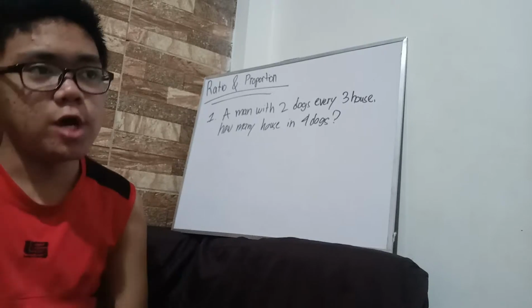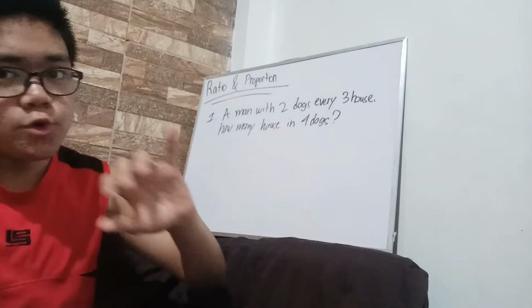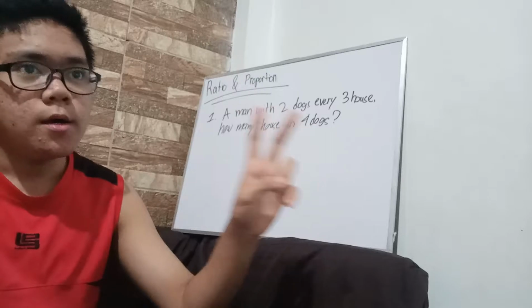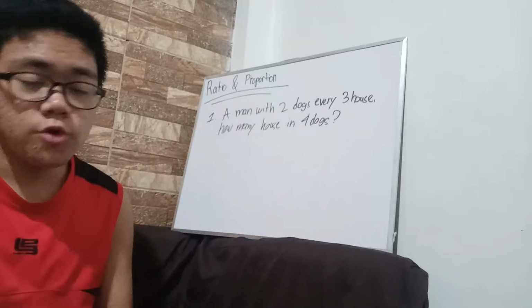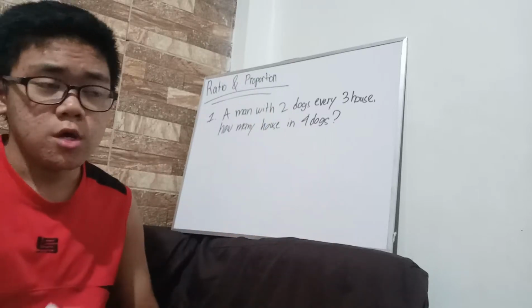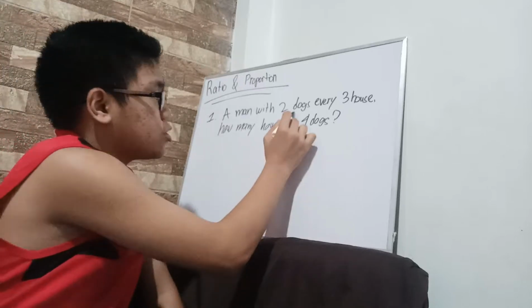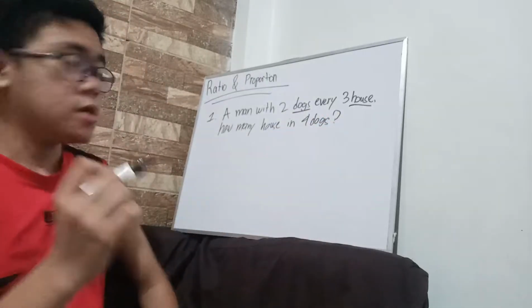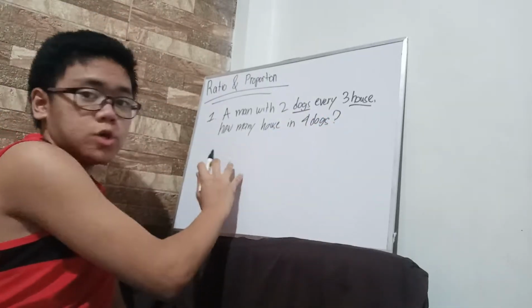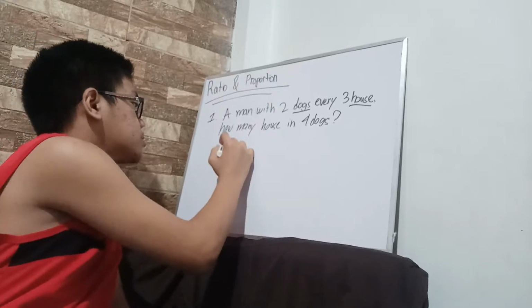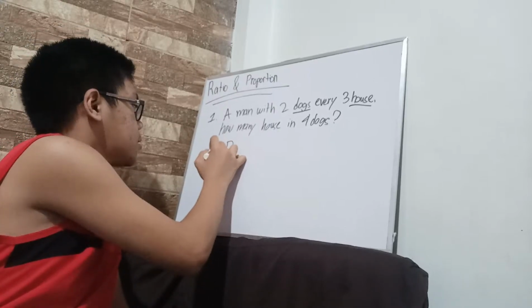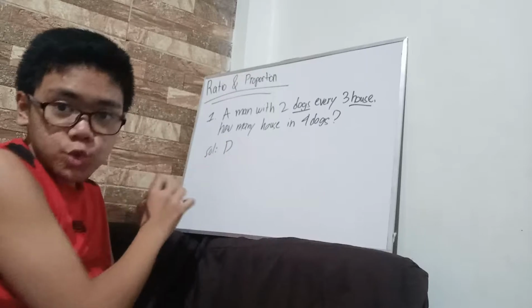So, ito po yung gawin natin. So, meron po dyan dalawang parang giving numero, yung mga may numerong words, katulad ng dogs, house. So, ilalagay natin dito solution pa. Solution.